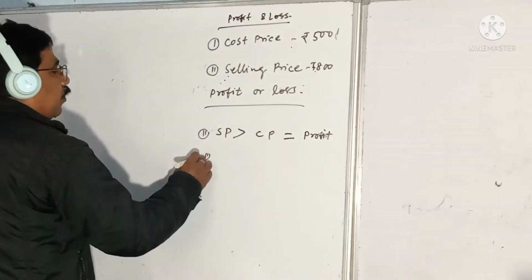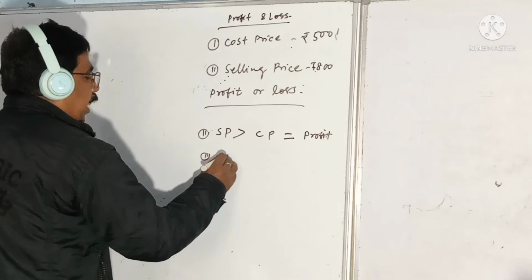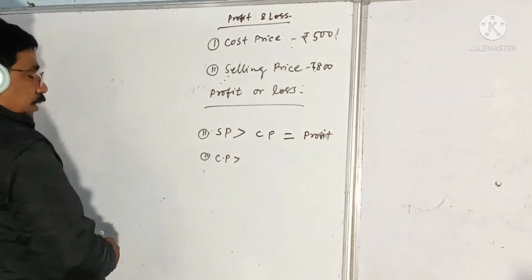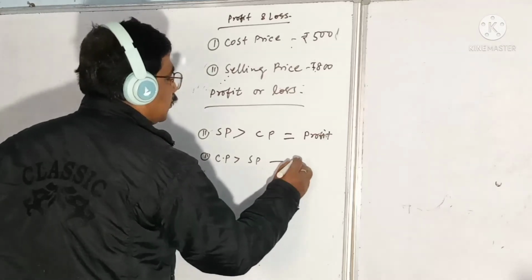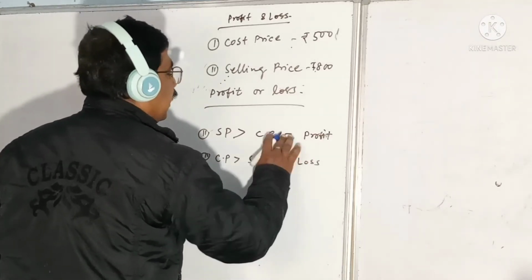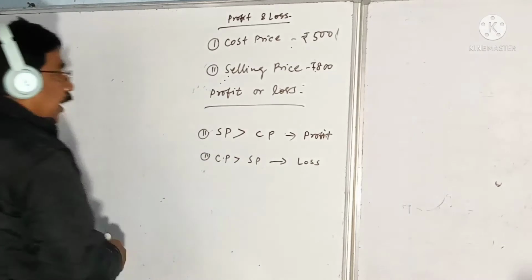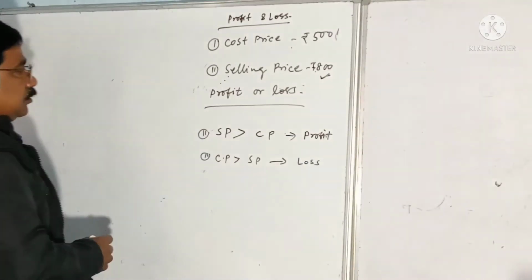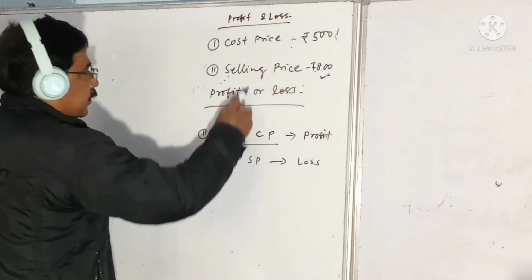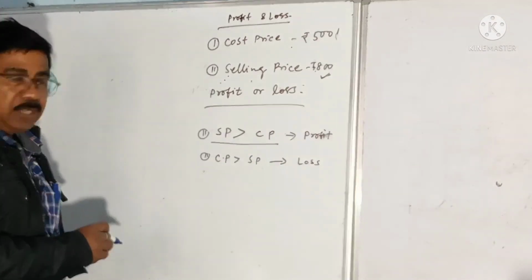Next, when cost price or CP is greater than SP, then we have loss. It's clear, profit and loss. And what is the profit or loss here? See here, the selling price is bigger than the cost price.